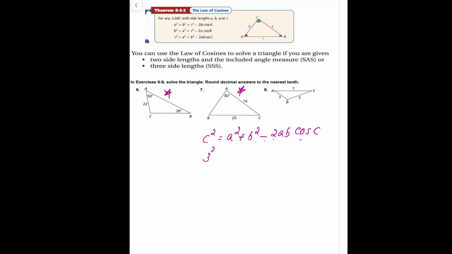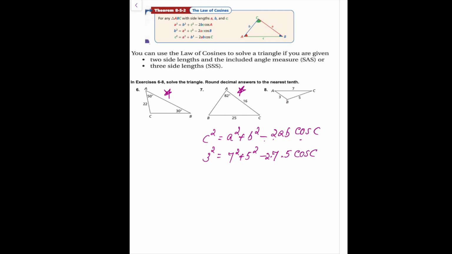So let's substitute. So 3 squared is equal to 7 squared plus 5 squared minus 2 times 7 times 5 cosine C. So the unknown is the angle C.